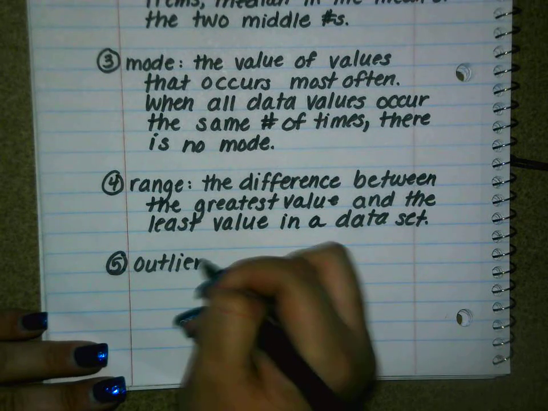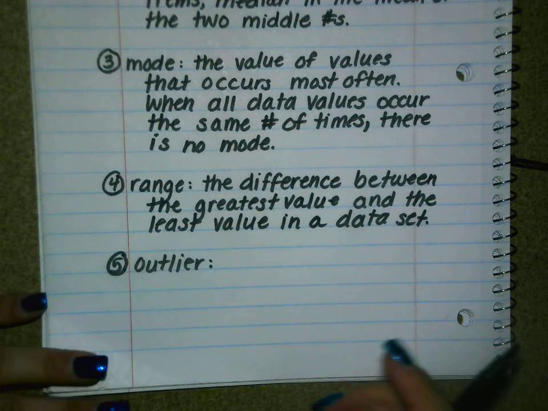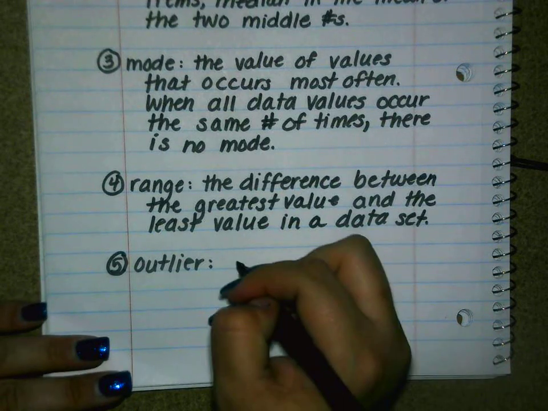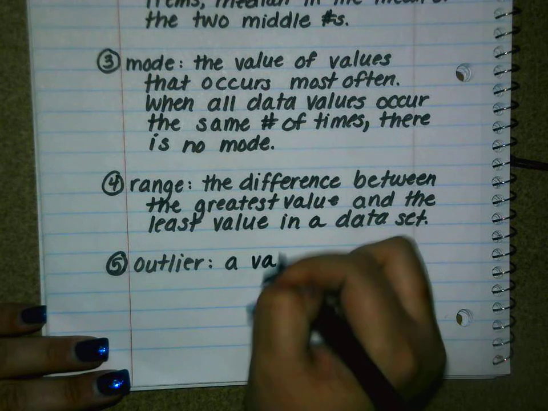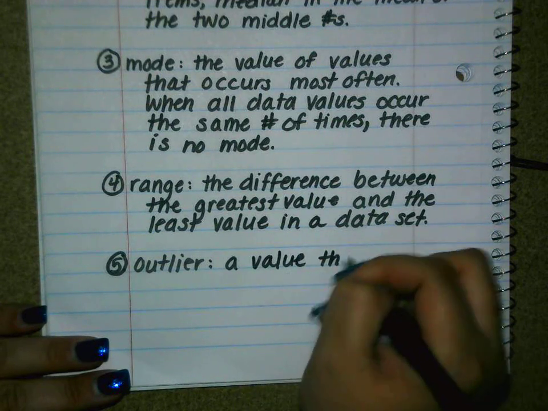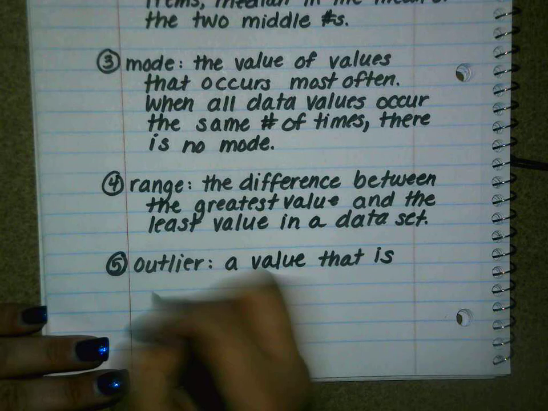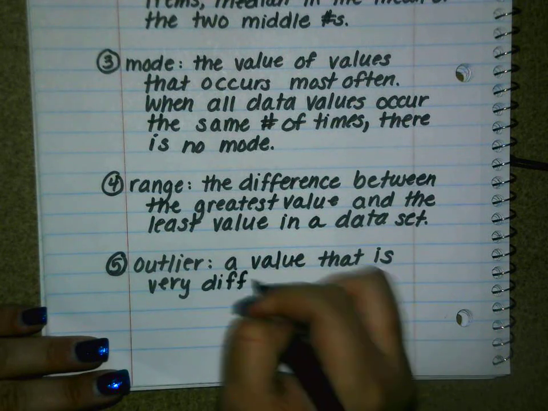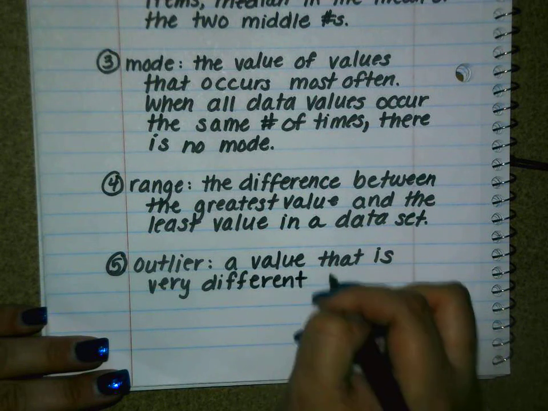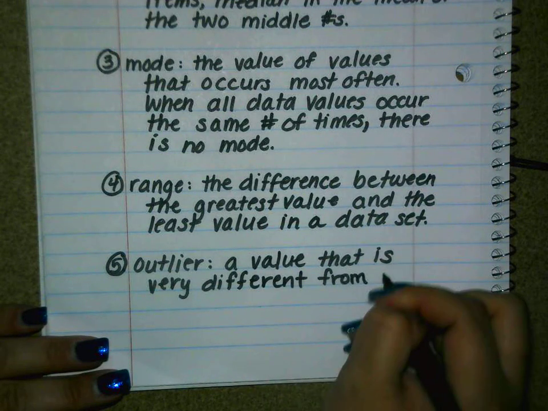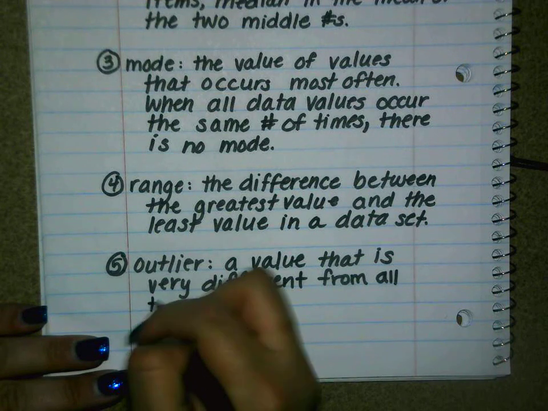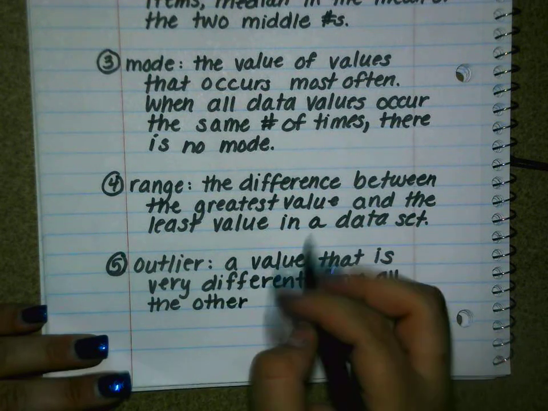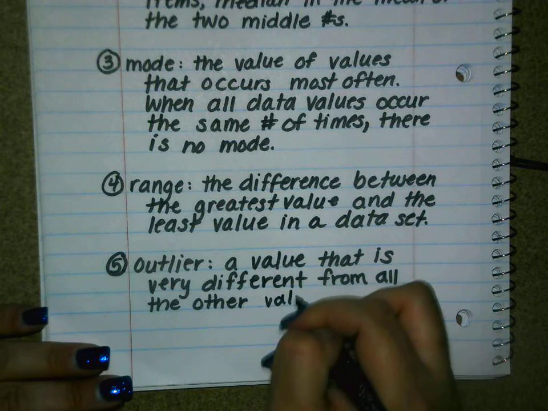And an outlier, which we'll talk about a little bit more and how it can mess with our data, is a value that is very different from all the other values in a set.